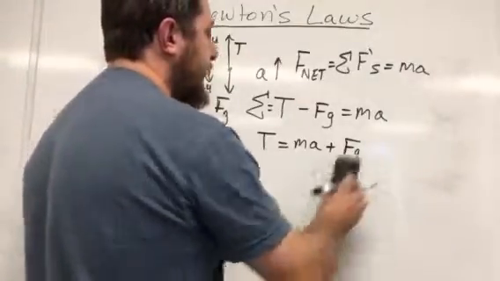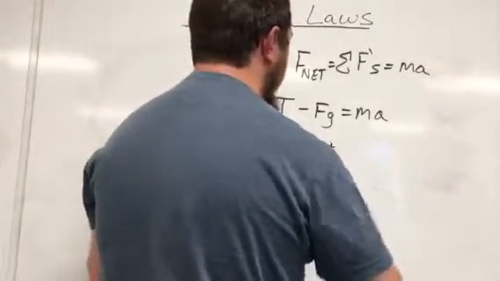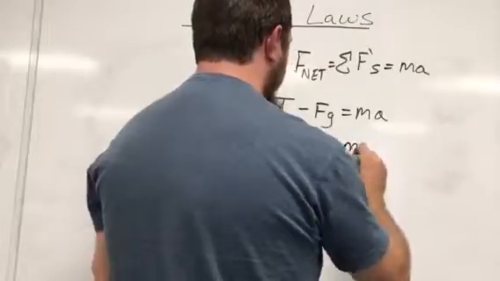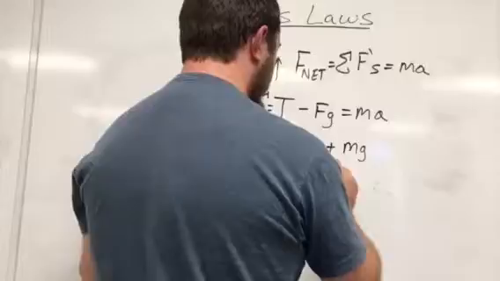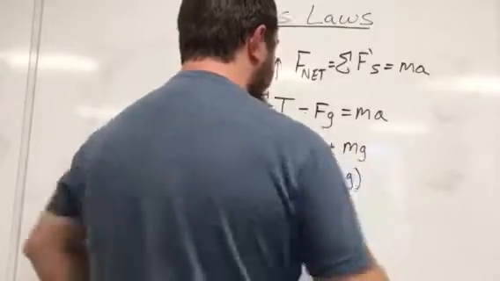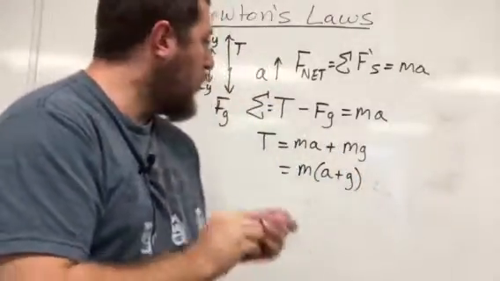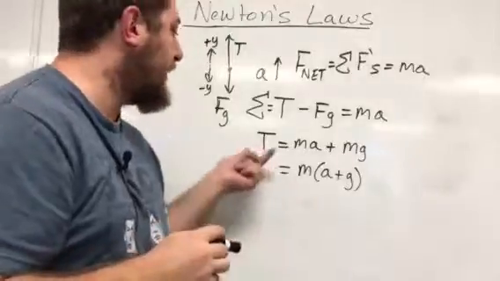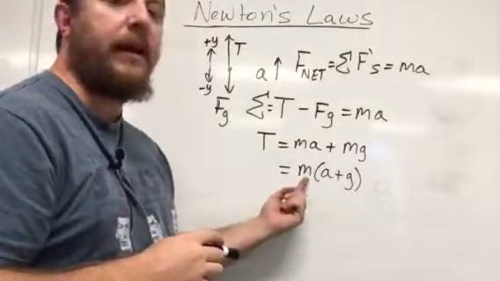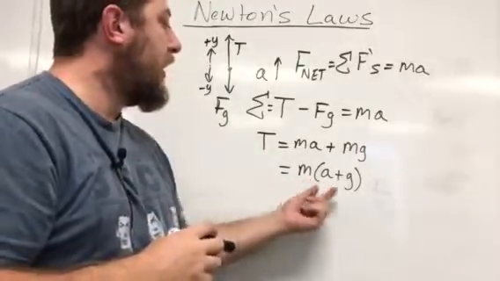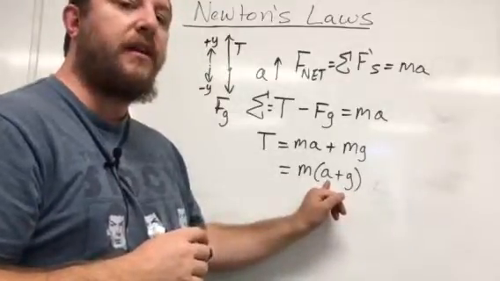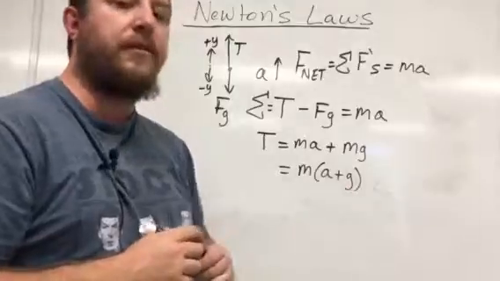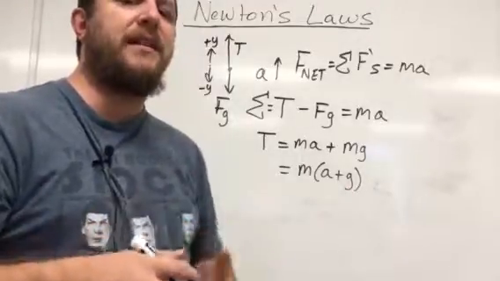And we can write the weight as mg, and I can factor out my mass, and what we can see here is that the tension is equal to the mass of the elevator and all of its occupants times the sum of the overall acceleration the elevator is moving up at plus the acceleration of gravity.